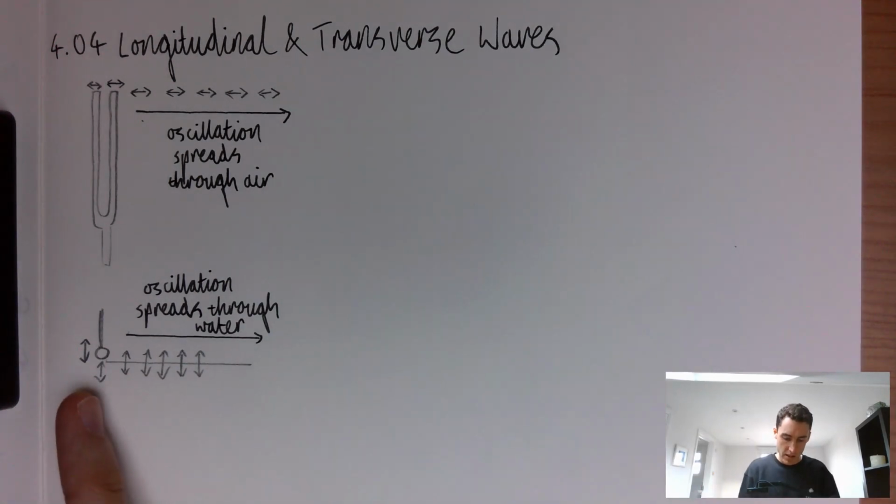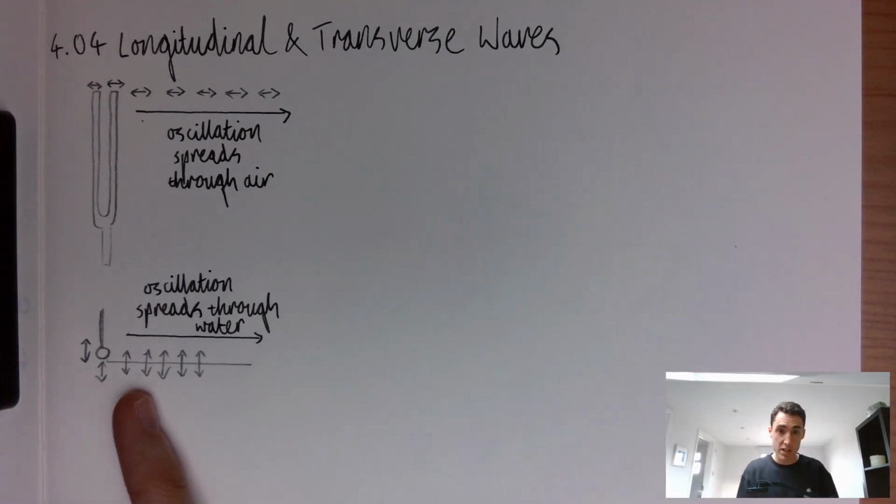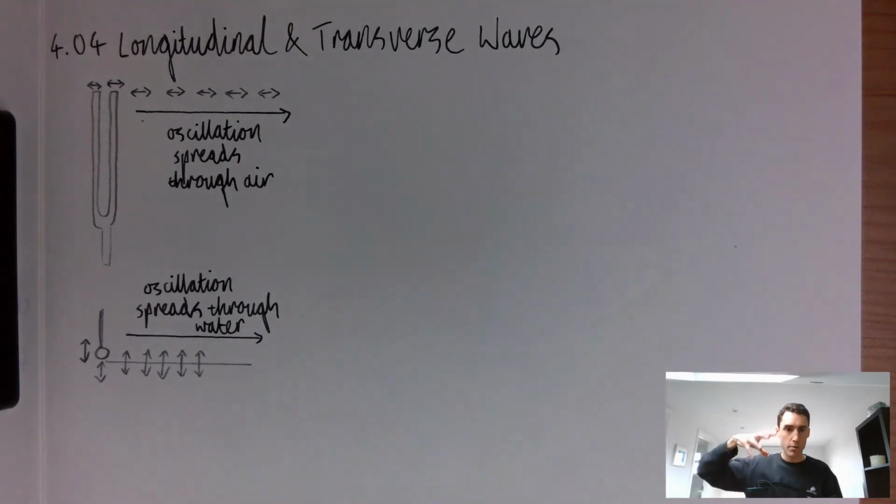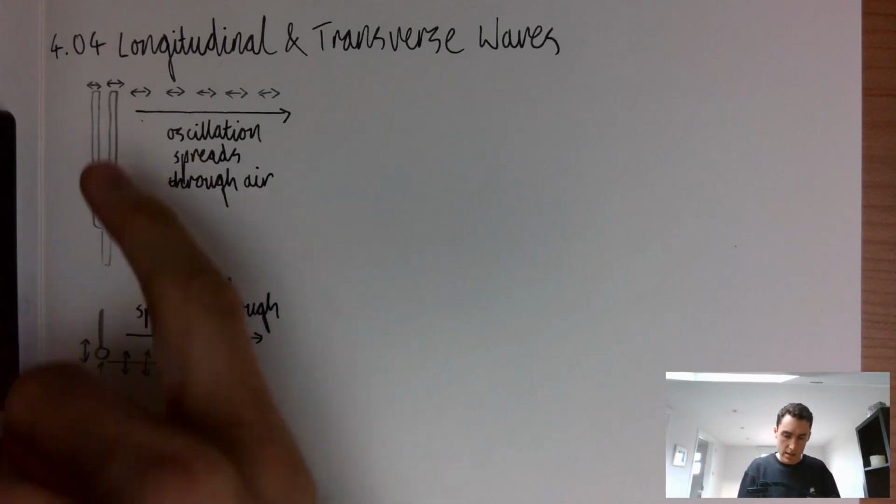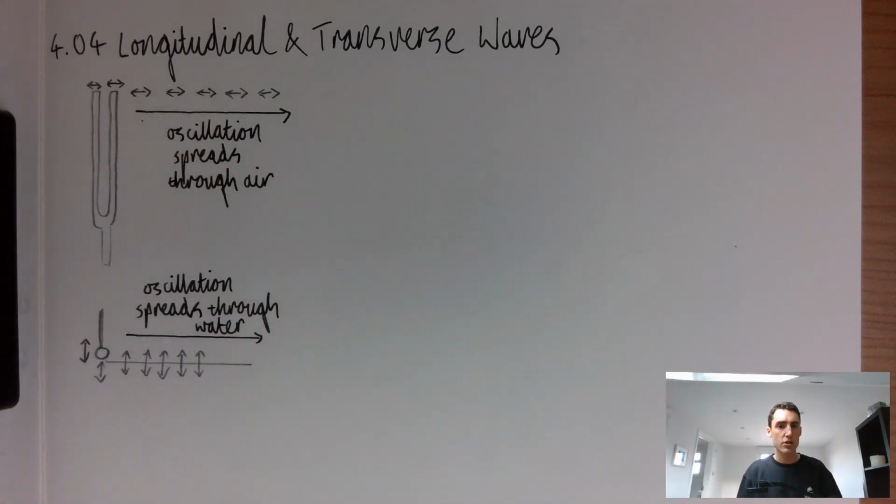In the ripple tank, you drop the pebble in the water and the ripple spreads that way. But what's different here is the direction of our oscillations. And this is the first introduction we can give to longitudinal and transverse waves.